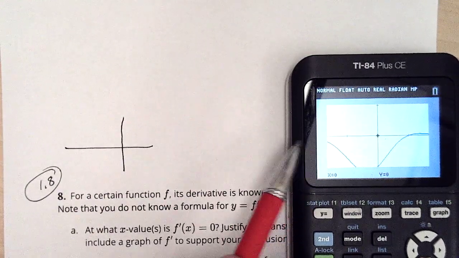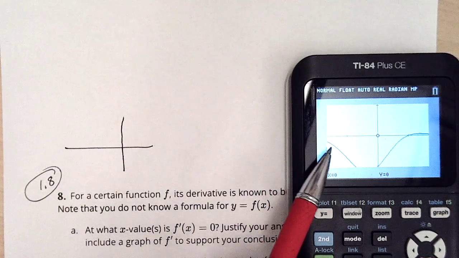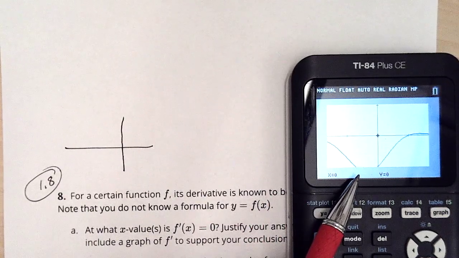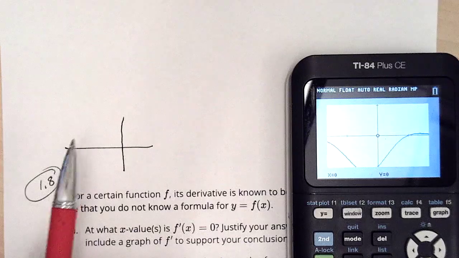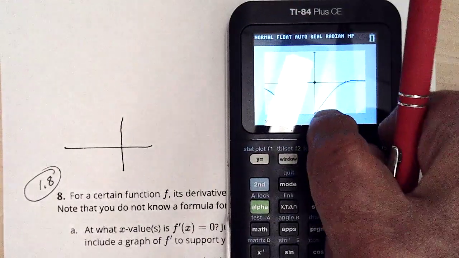It's got almost no slope, going to a very negative slope. This is minus 1.